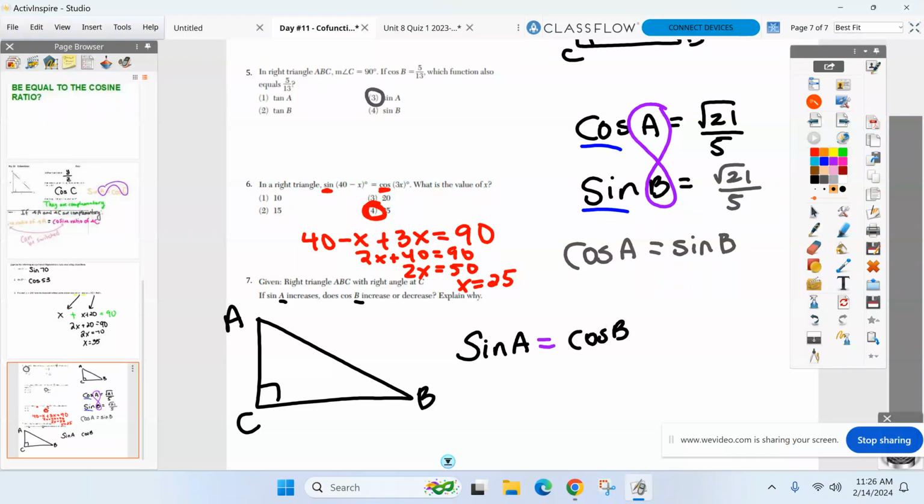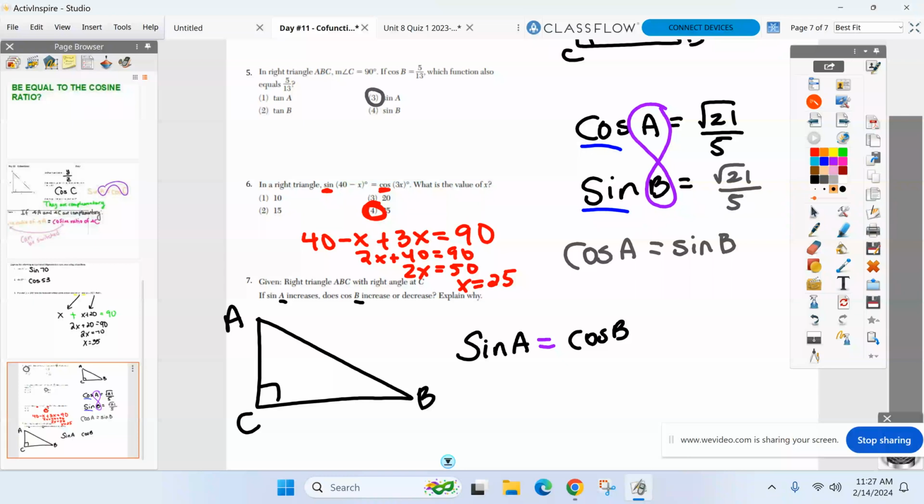Now let's go to the question. If this is increasing and they're equal to each other, you just told me they're equal. If that sine of A is increasing, what's got to be happening to the cosine of B? It is increasing as well. We got that? Yes. A lot of people told me decreasing in period 3. And I said, well, if that's increasing and that's decreasing, aren't they going to have different values?